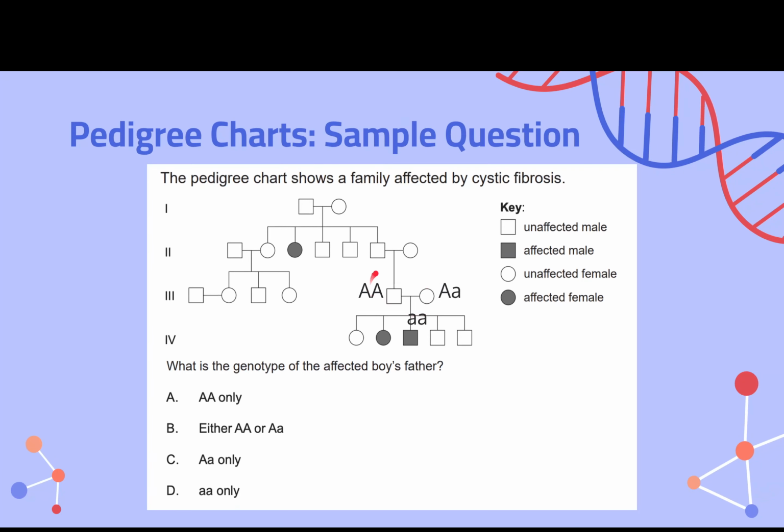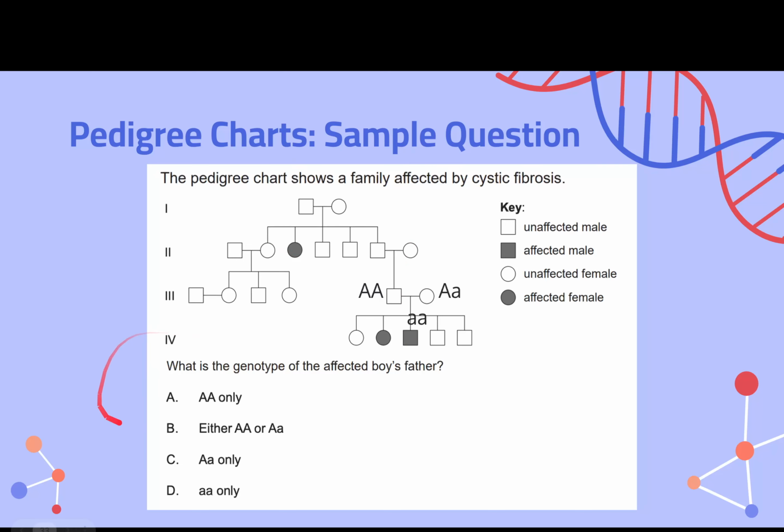Which means that this is not a possibility, because if the father had a double A and was completely unaffected and also not a carrier, then none of the children would have had it, and they would 100% be either carriers or just completely fine. So because the boy is affected, the father is not affected, and this is not a sex linked disease, it has to be C, capital A and small a.